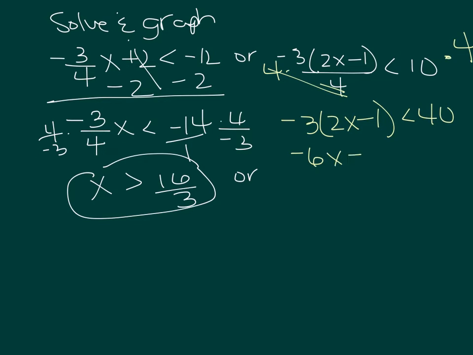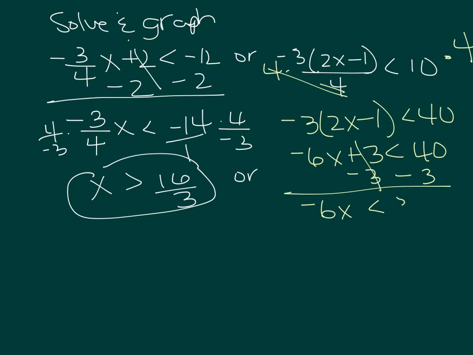Negative 6x plus 3 is less than 40. Subtract 3 from both sides, and we get negative 6x is less than 37. Divide by negative 6. And we get x is greater than, because you have to flip the sign, 37 over negative 6.